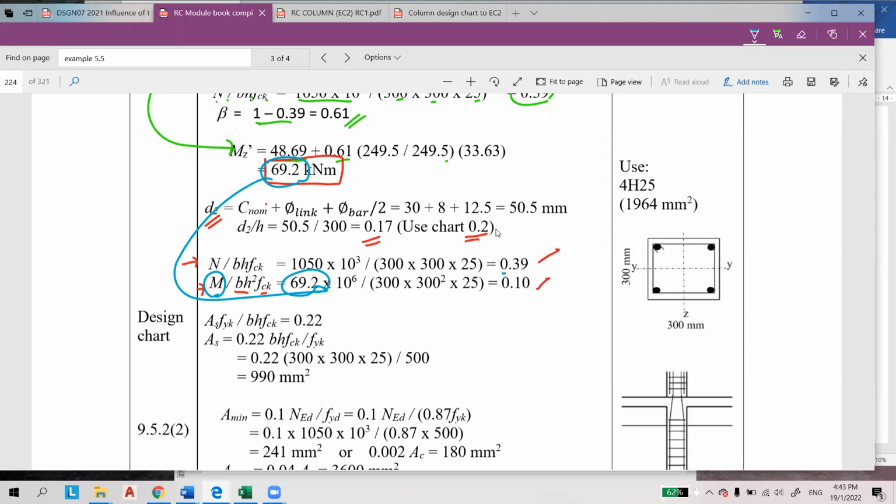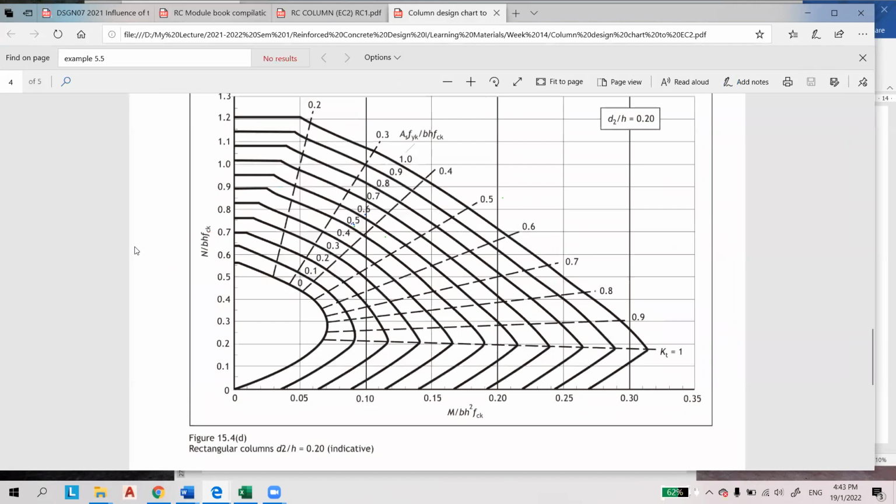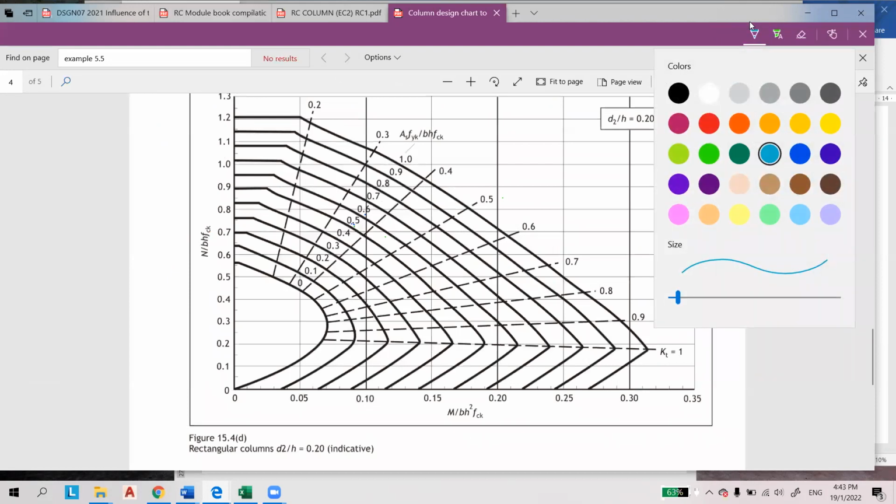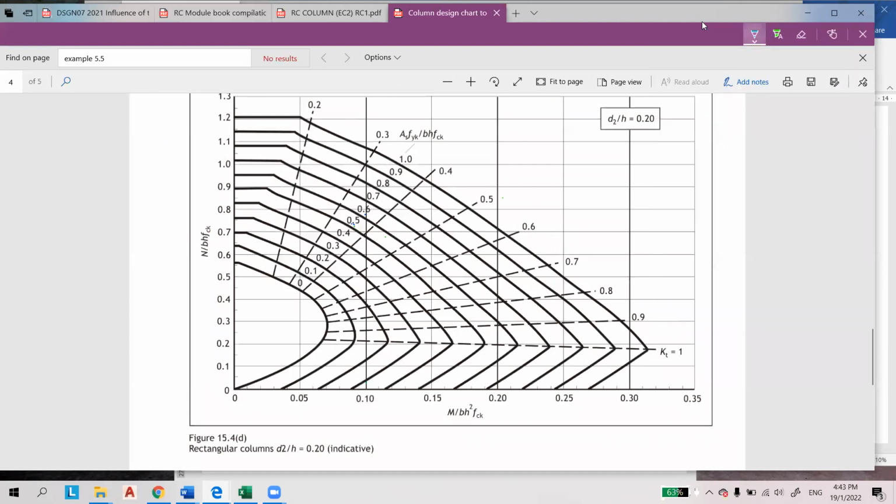This one, 0.39 and 0.1. M is 0.1, so you must make sure you use a proper ruler. During your exam, use your ruler properly.